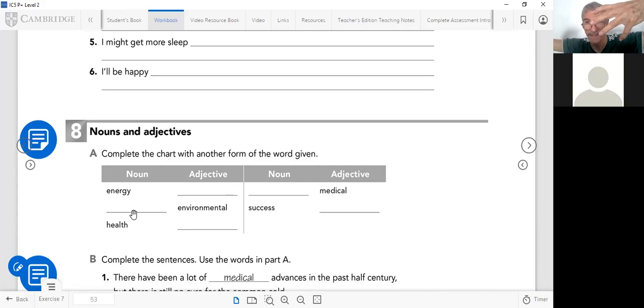Environment describes a condition, but it is a noun. But the characteristic is environmental situation, environmental day, you know, condition, okay?